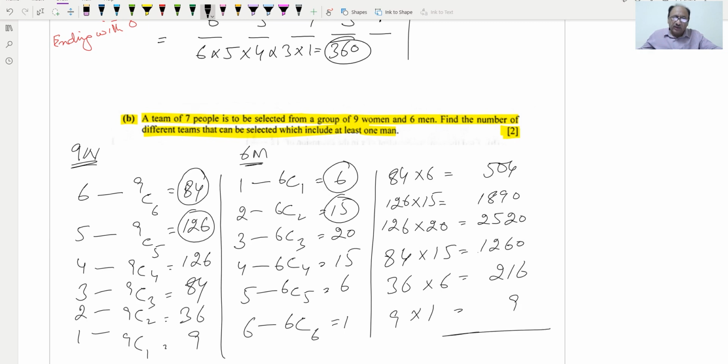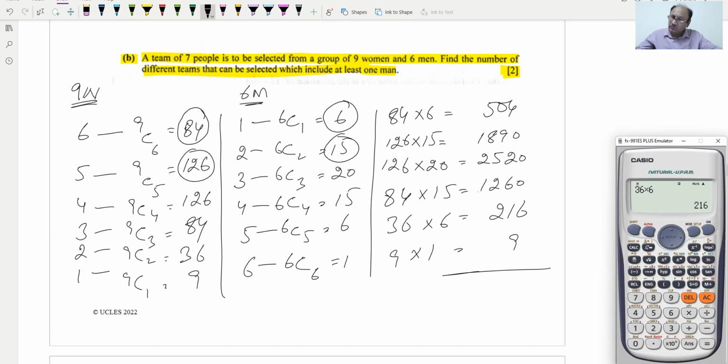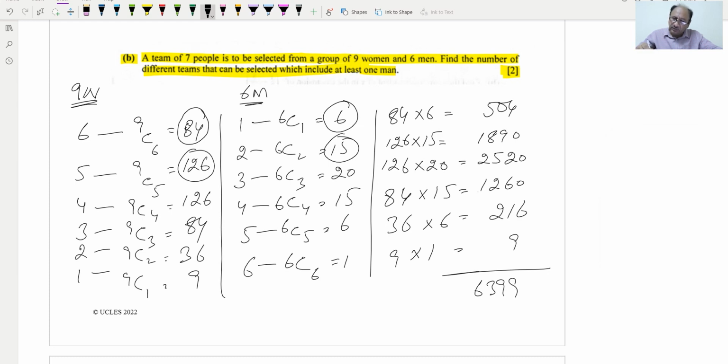We will add all these: 504 plus 1890 plus 2520 plus 1260 plus 216 plus 9 is equal to 6399. 6399 will be our final answer for this question.